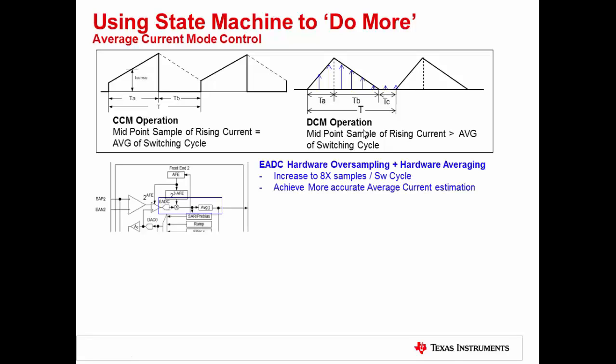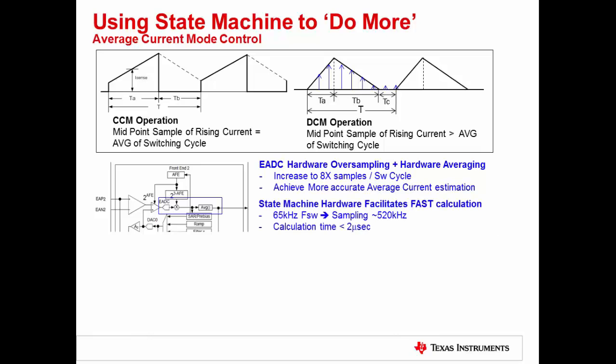With the UCD3138 controller, the EADC hardware inside the front-end block can be enabled in oversampling mode and hardware averaging mode. This allows the controller to gather up to 8 times the number of samples in the same switching cycle, which can then be averaged to achieve a more accurate estimation of the average current in the power supply.